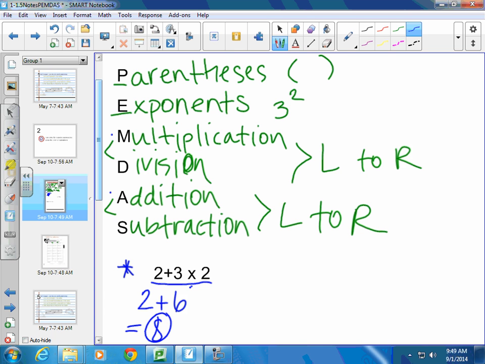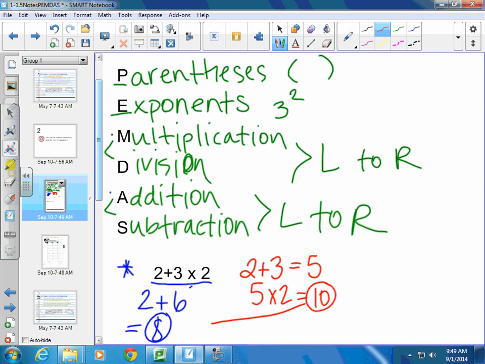Okay? So just take note that if I were to solve it going from left to right and not paying attention to the operations, I would have 2 plus 3 equals 5, and then 5 times 2 equals 10, which is not equal to 8, so that is incorrect.